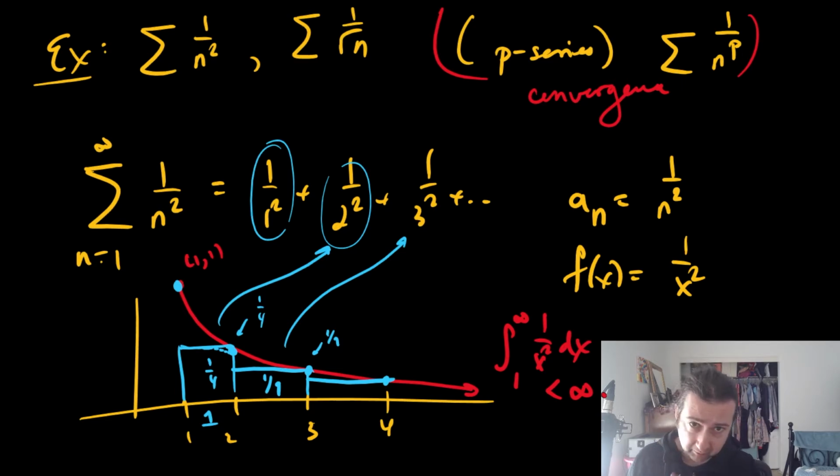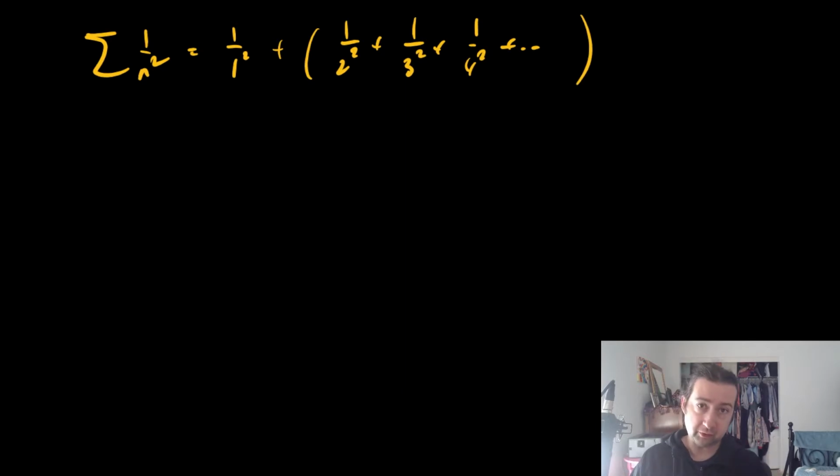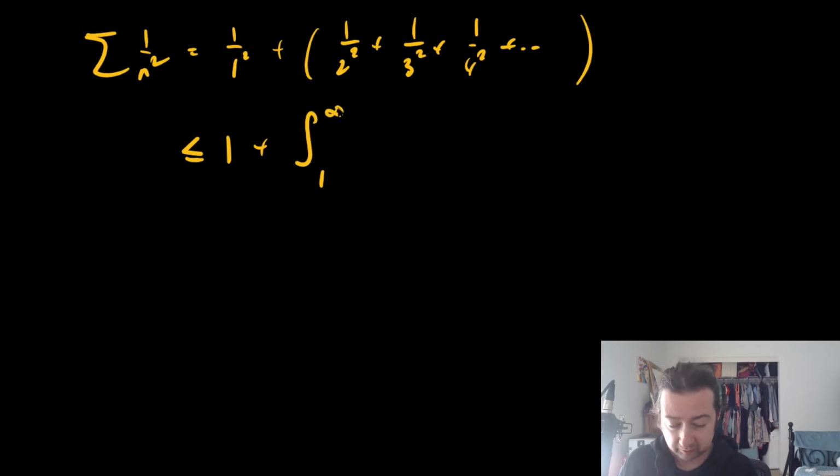So the upshot of what I've written here is that the series 1 over n squared can be thought of as 1 over 1 squared plus a whole bunch of areas of rectangles, and the area of all of those rectangles together is less than or equal to 1 plus the integral from 1 to infinity of 1 over x squared dx.